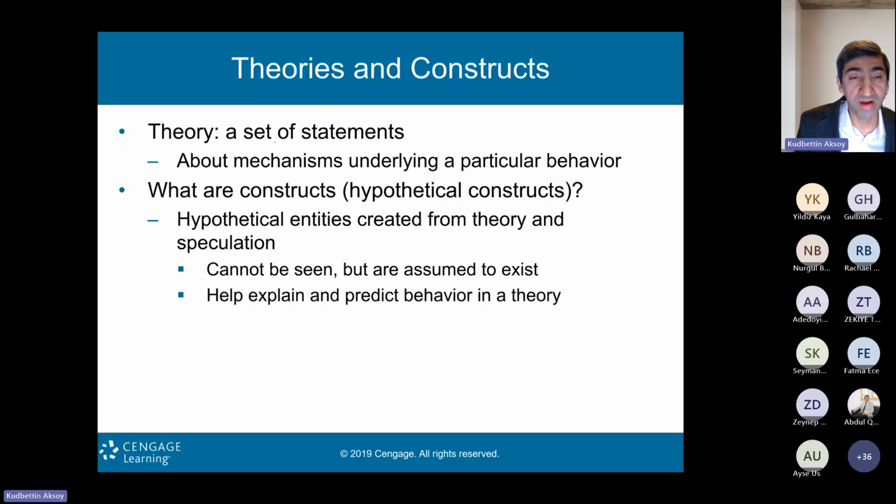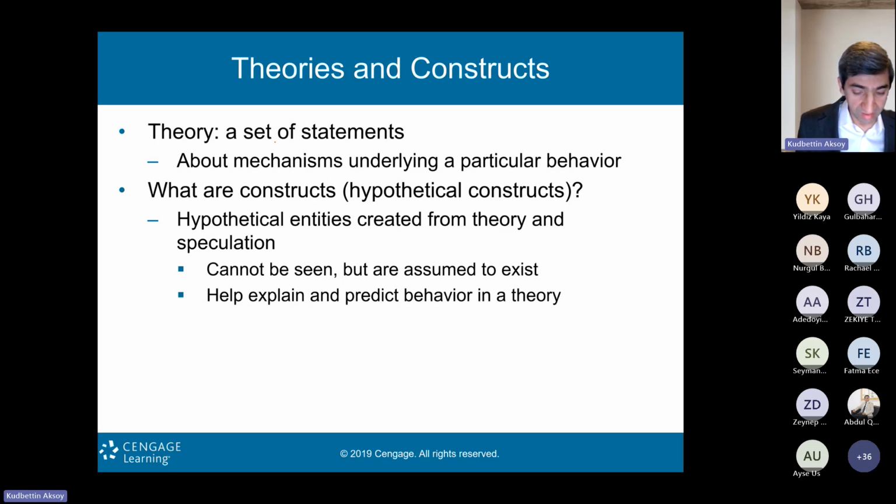So a theory is a set of interconnected statements. You have a whole bunch of variables. You study the relation among these variables, how they relate. What happens if anxiety goes up? What happens when self-esteem goes up? What happens when gender changes? What happens when a student's parents come from a different socioeconomic background?